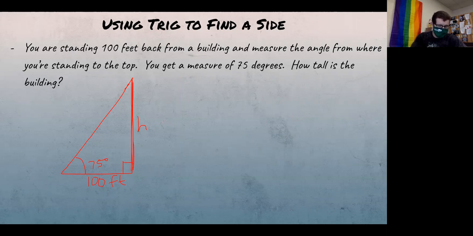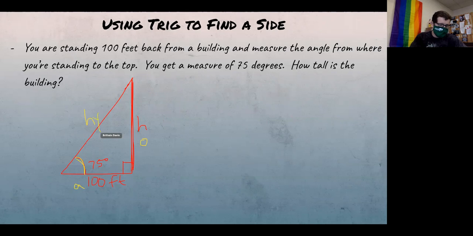And now if we label our sides, I'll label the hypotenuse, but now which one's opposite and which one's adjacent? So which one's opposite? Is it the H or the 100 feet? H is opposite. Remember, 75 is my reference angle, which means this is my adjacent side.